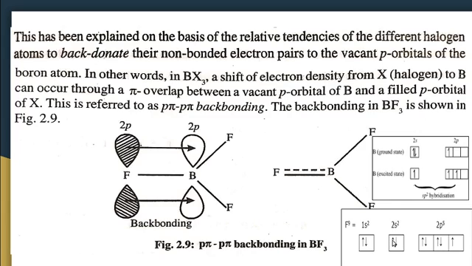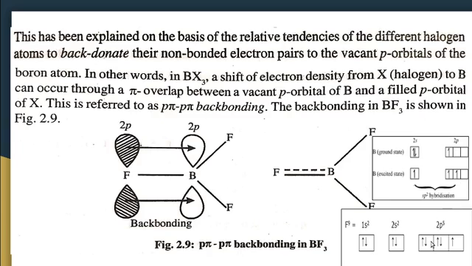But in the case of fluorine, there are non-bonded electron pairs present in p orbitals that can back-donate to the vacant p orbital of the boron atom.